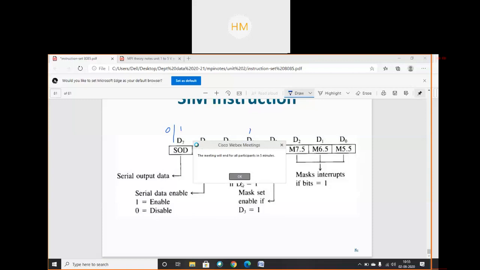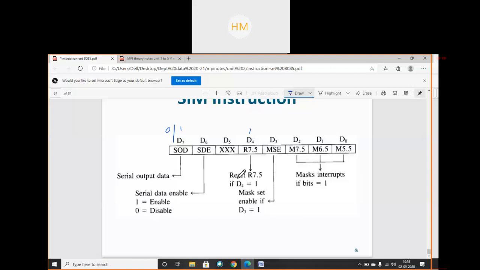SOD is 0, what does that mean? SDE, serial data enable. What will be the D6 bit? SDE, serial data enable, is 0. That means you can't transmit or receive the data.